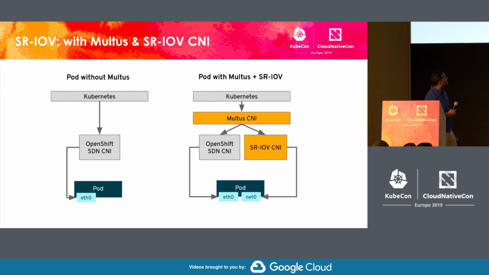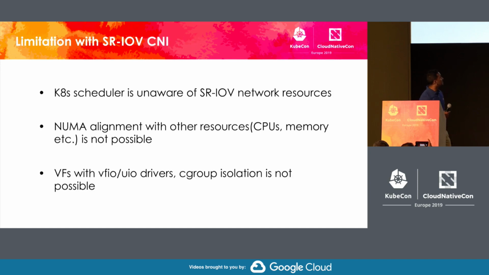Looking at this picture, you may think the SR-IOV CNI plugin is enough to solve your SR-IOV networking problem in Kubernetes. But we hit some limitations. As Doug already touched on, the scheduler is not aware of these resources, and the CNI plugin is not a place that can communicate with the Kubernetes API.